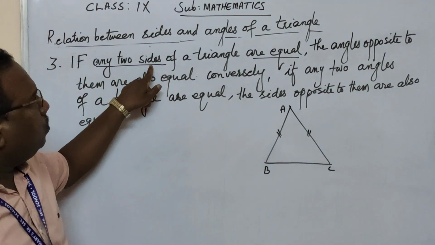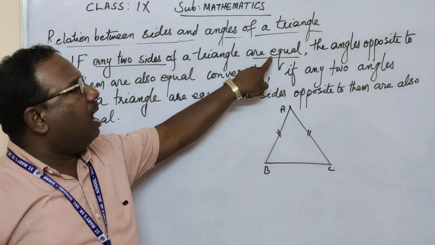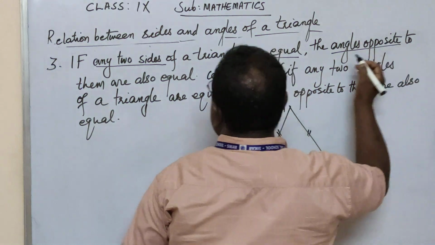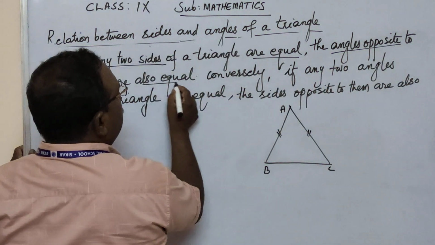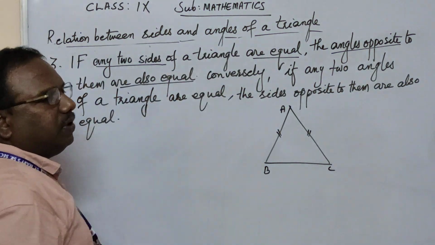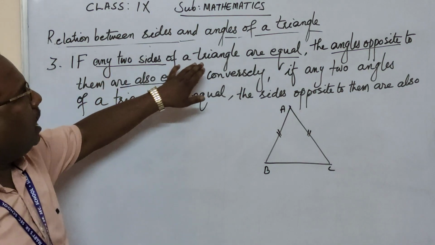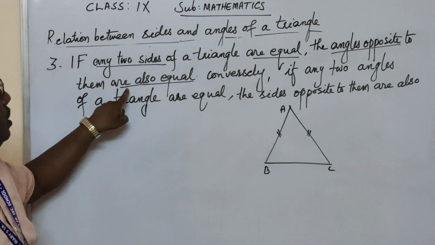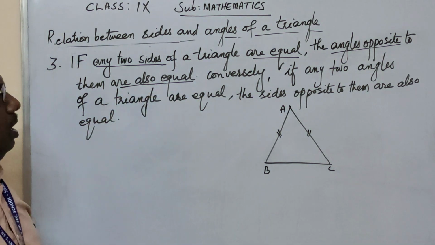If any two sides of a triangle are equal, then angles opposite to them are also equal. Look at the board very carefully.